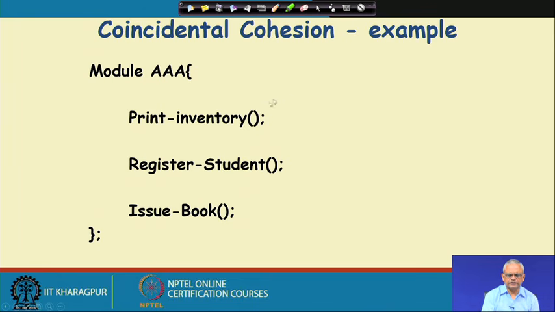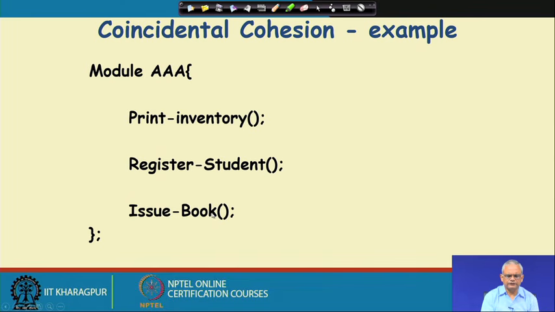Print inventory is part of some inventory functionality, register student is some registration, issue book. So, these are a random set of functions, they neither belong to the same requirement nor is there any relationship between these functions.